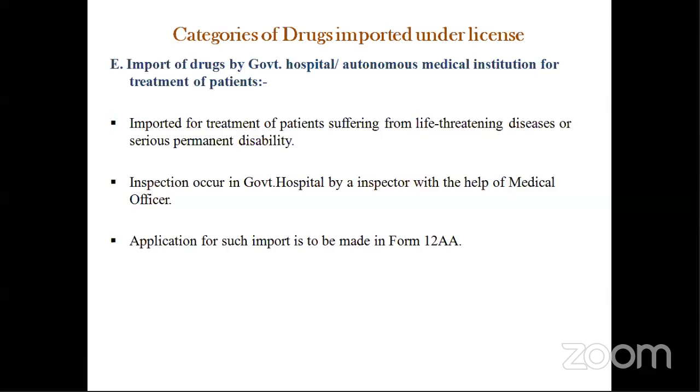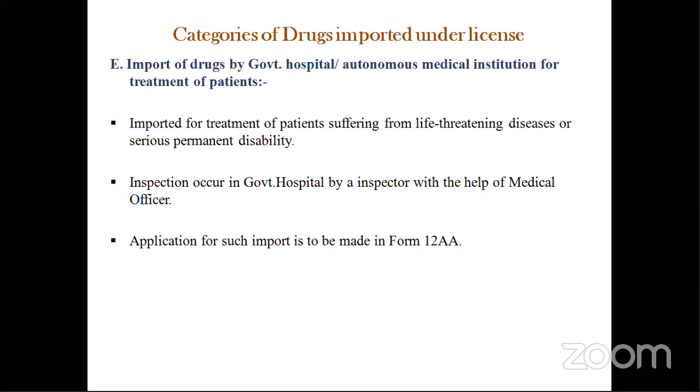So before sending these drugs, a government inspector comes to verify the imports at the government hospitals, and after verification, they also go to verify where they try to import these tablets or formulations in the village. So they again verify the village hospital also.